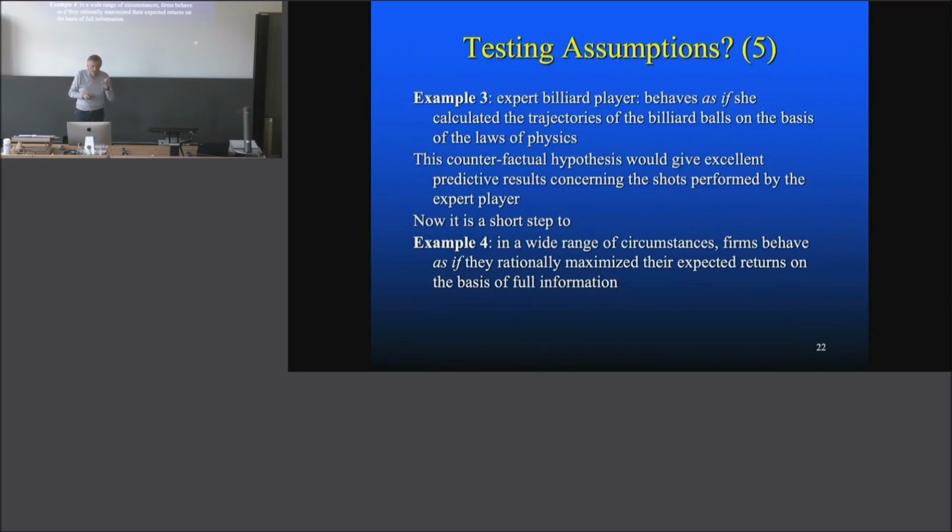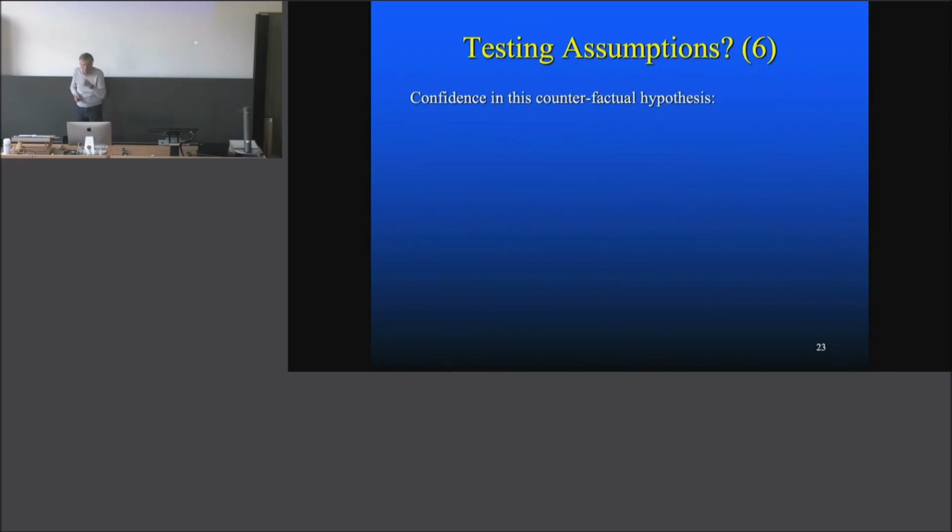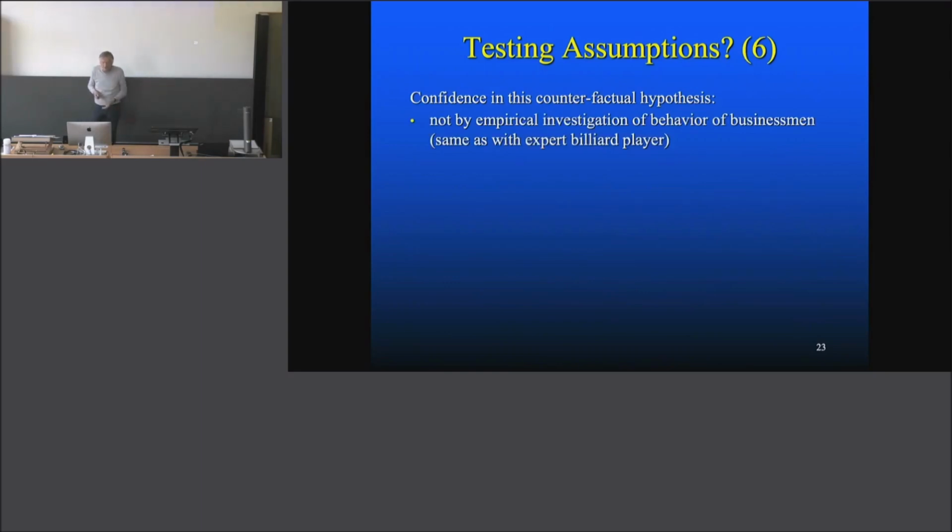She doesn't. And here he says, firms behave as if they did that, but they don't. But it's the same as a result, okay? And the confidence in this counterfactual hypothesis about the behavior of firms is not by empirical investigation of the behavior of the businessman or of the expert billiard player. You do not do that.